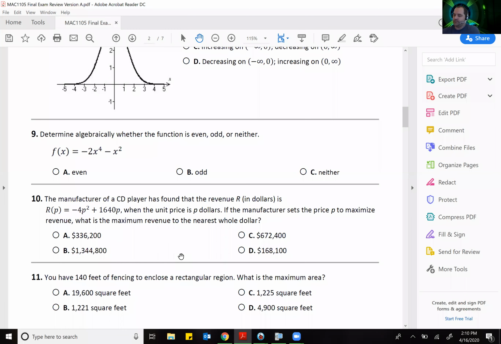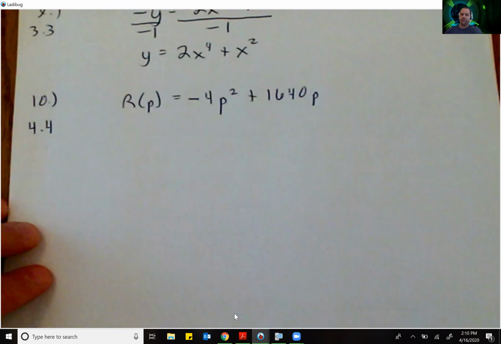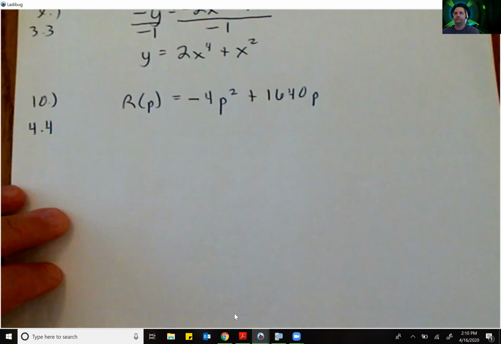So again, to maximize, you want to find the vertex. Anytime you see that word maximize, it means find the vertex. So in order to find the vertex of this, what's the first thing we need to find? How do we find the vertex to this equation?